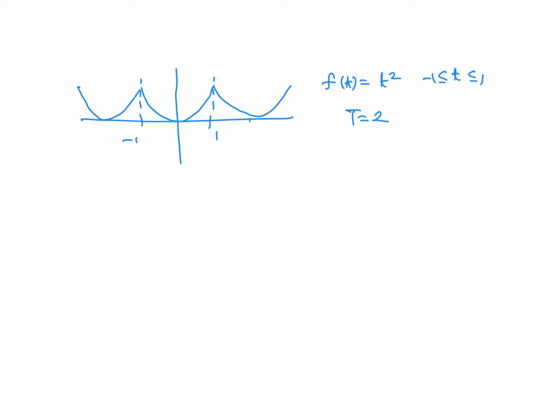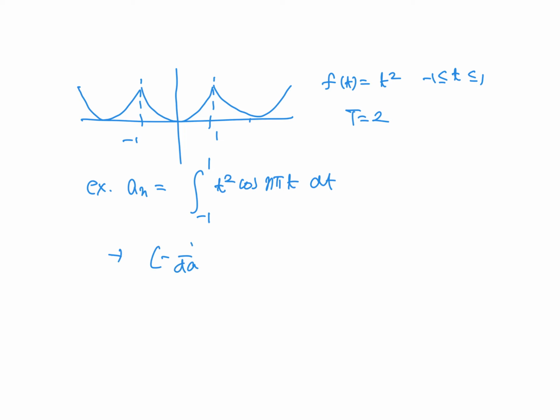So for example, an is the integral from minus 1 to 1 of t squared cosine n pi t dt. Oh, so this is another nightmare, right? Because we have t squared. How many times do we have to do it? The trick is you can do this.